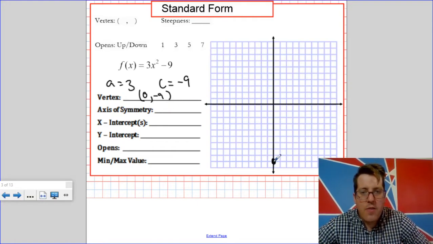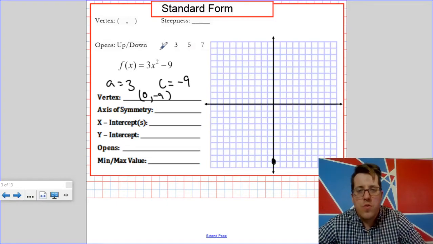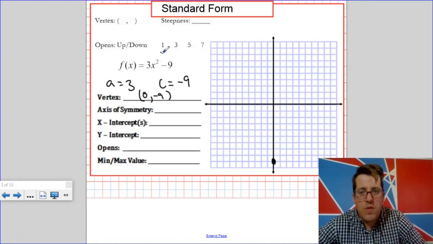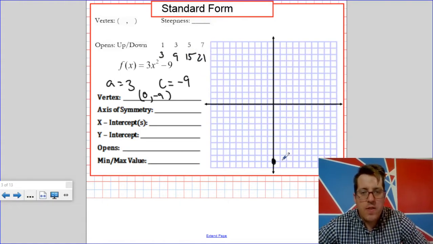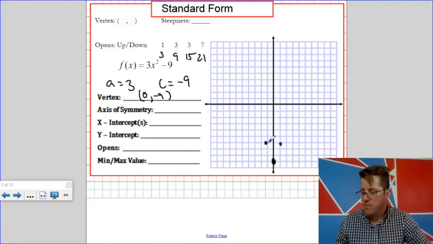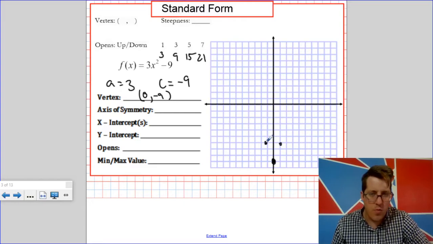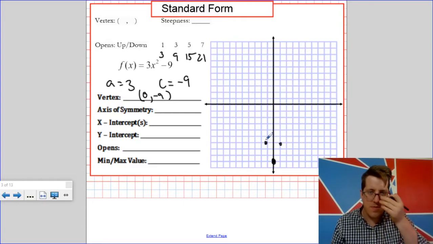And then the graph would use the 1, 3, 5, 7 rule, 3, 9, 15, 21, and it would work the same way. So anything that's missing a b term can also be thought of as being in standard form or vertex form, whichever one I didn't say.